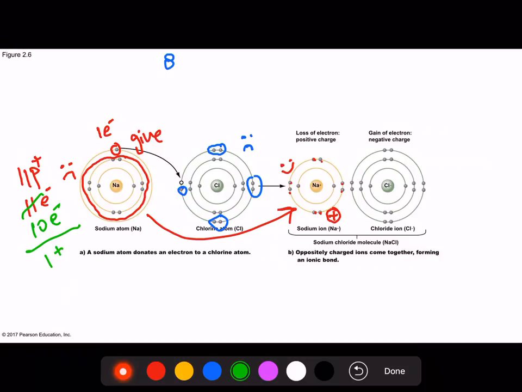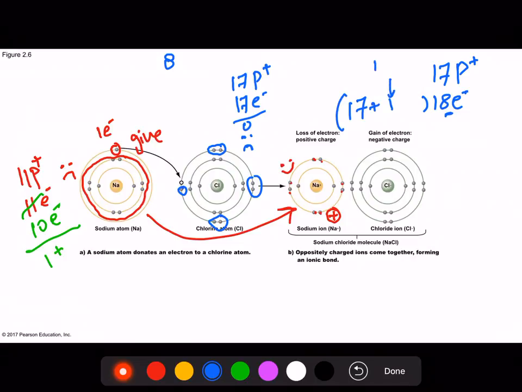Okay, now what about chloride? Chloride has 17 protons, 17 electrons, and the net charge is 0. But in this case, chloride now has 17 protons and 18 electrons. The extra electron came from the sodium. These are 17 plus 1. Remember, the sodium gave this electron to chloride.